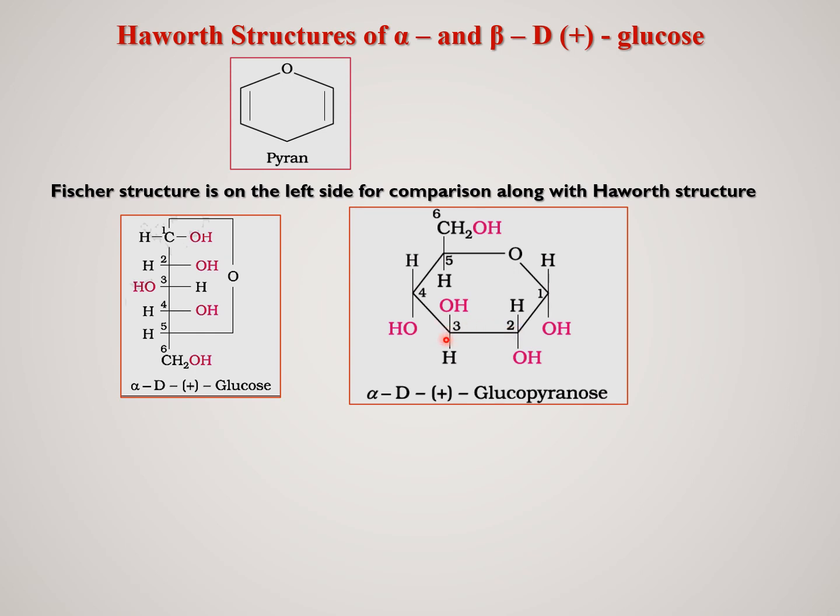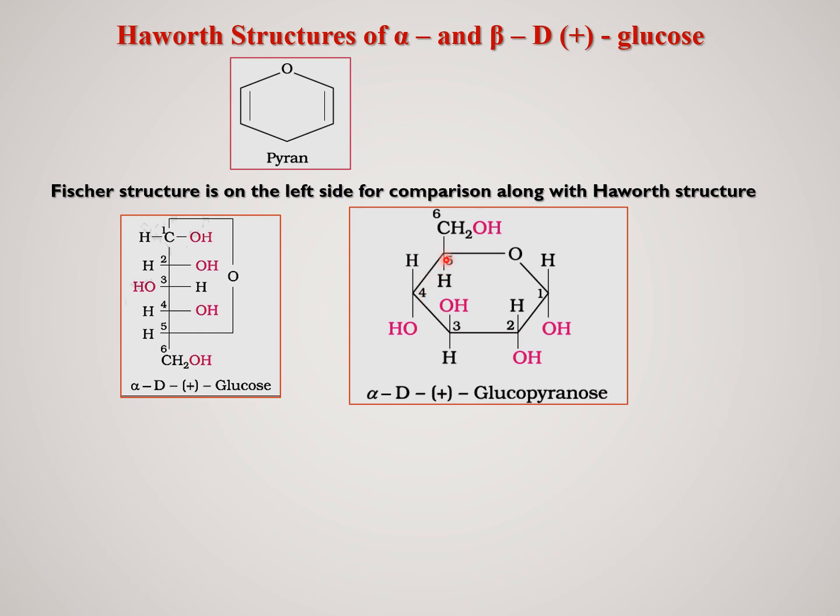Carbon number 3, H on the left side, so above the plane, OH on the left side, so above the plane, and H on the right side below the plane. Carbon number 4, H above the plane because H is on the left side, OH below the plane, OH is on the right side.